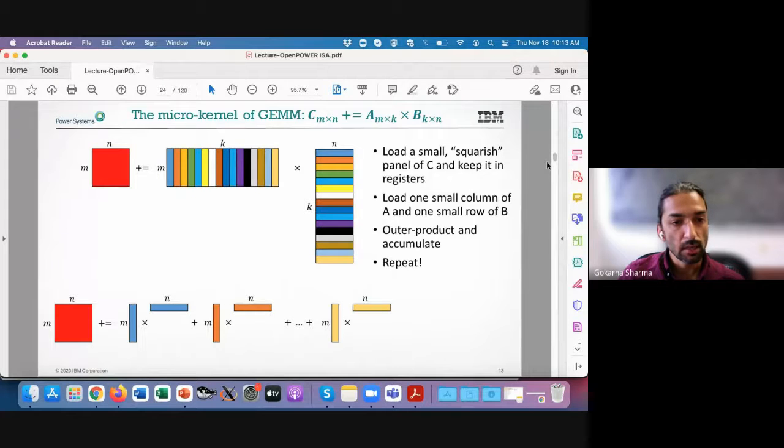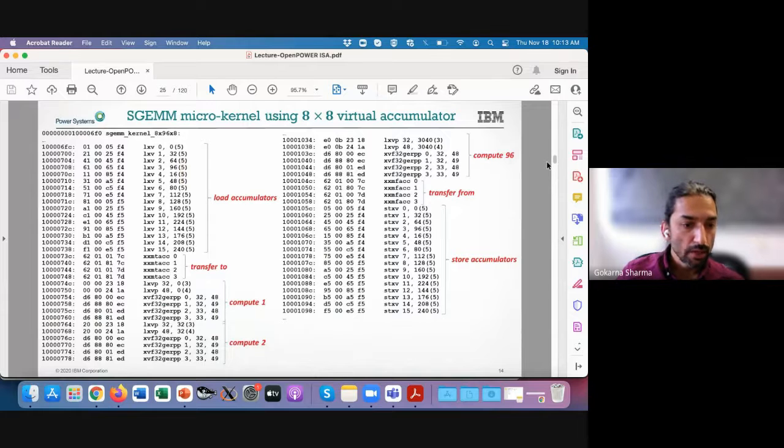For example, here this is m by k and n by k. If you look at this, how many computations do you do? Here, the pluses that you see. You have to do all these computations and add to this m by n. This is just one example. So here, compute 1, compute 2, up to compute 96.